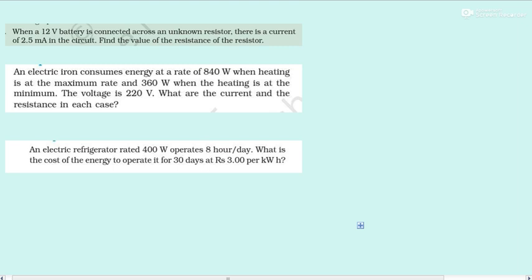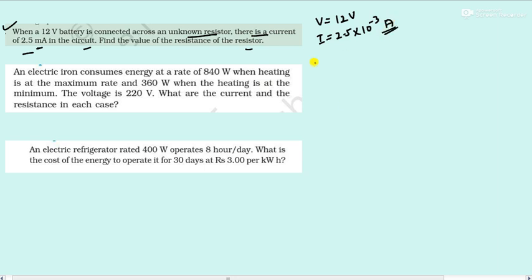Next question. When a 12 volt battery is connected across an unknown resistor, there is a current of 2.5 milliampere in the circuit. Find the value of resistance of the resistor. Okay. Again, it's very simple. V is 12 volt and current is 2.5 milli. Milli refers to 10 power minus 3 ampere.